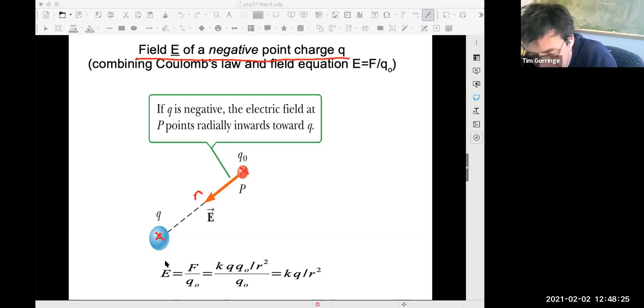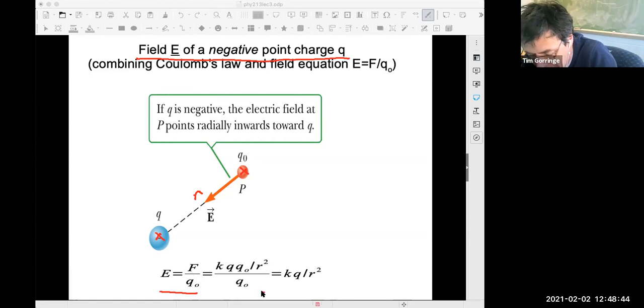And then I can write the electrical field at the location of the test charge, at what I'm calling the field point, using that field equation. So the electrical field is the force on the test charge divided by the charge of the test charge.